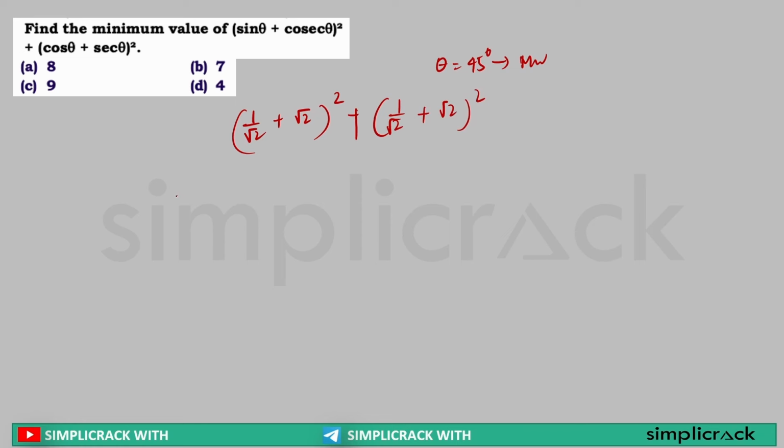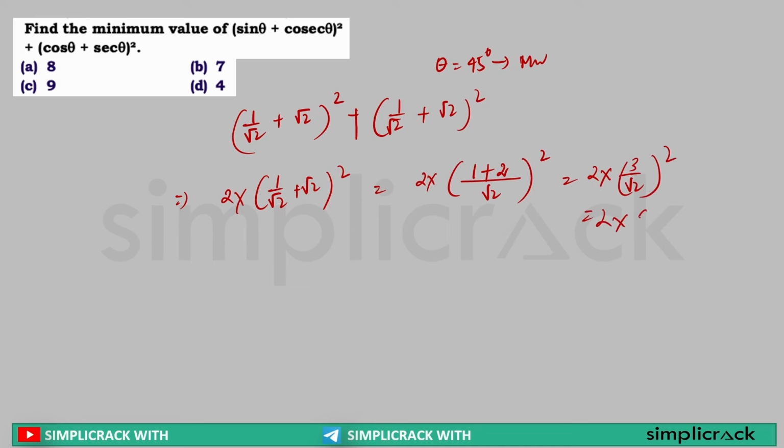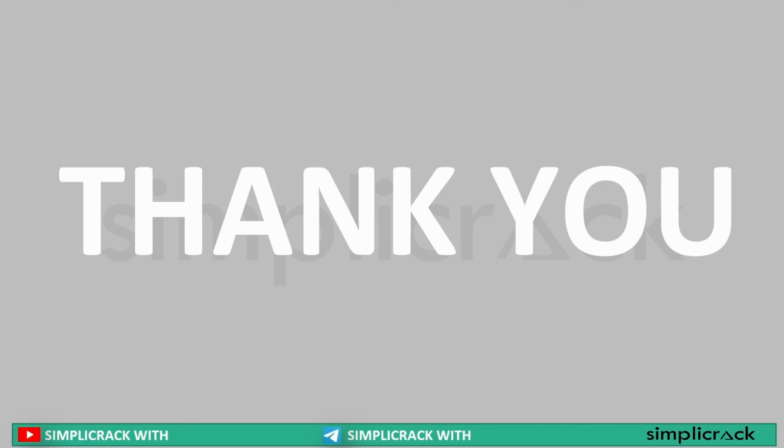That means this is 2 into (1 by root 2 plus root 2) whole square. That means 2 into ((1 plus root 2 into root 2) by root 2) whole square, that is 2 into (3 by root 2) whole square. That is equal to 2 into 3 square, 9, by root 2 square, 2. The 2s cross out, answer 9. The minimum value is 9.